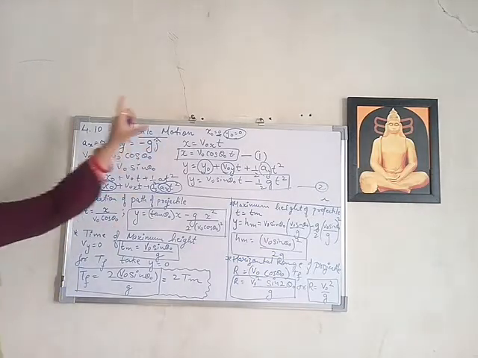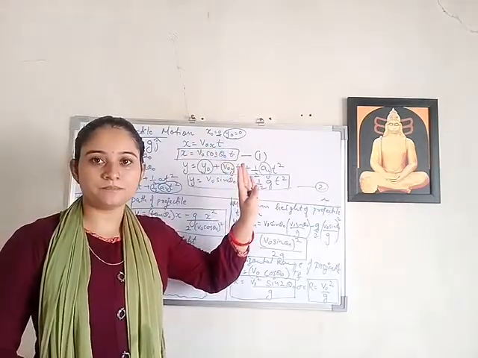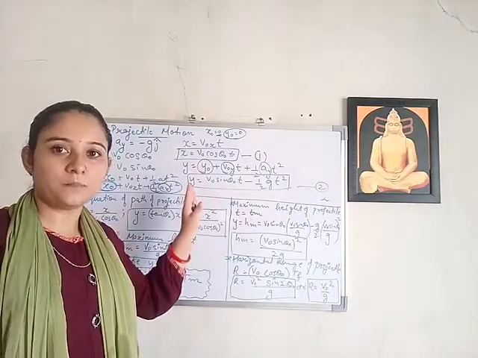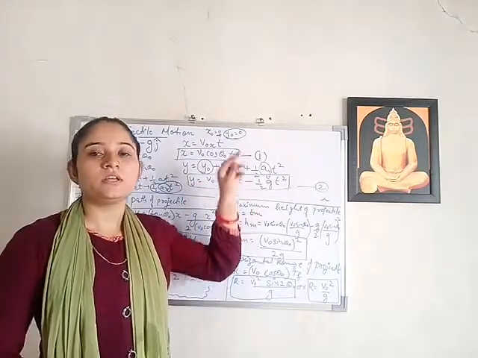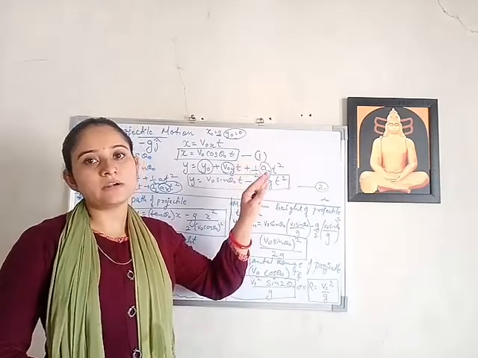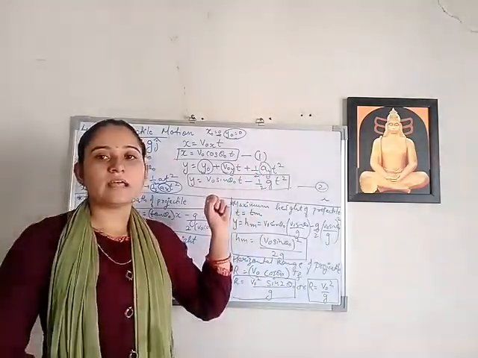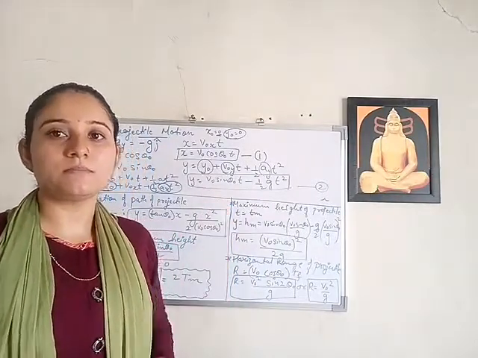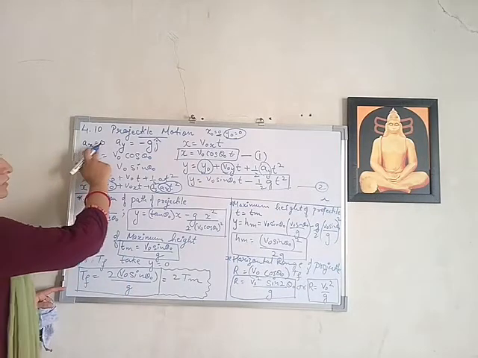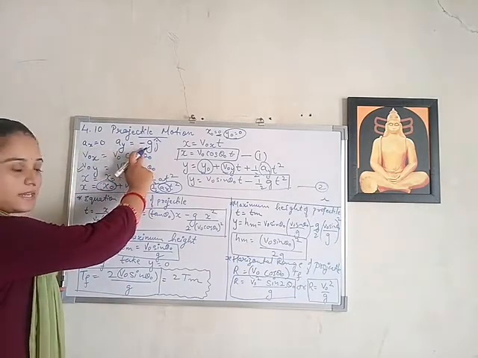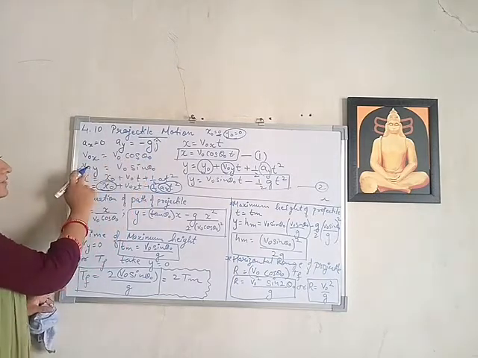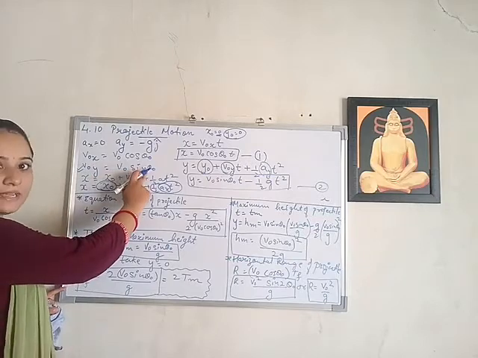So first of all you need to understand the diagram. There is velocity v0, its x and y component, and acceleration is vertically downwards, right? And the projectile is upward at present. So acceleration along the vertical axis is minus g, acceleration along horizontal is 0. v0x equals v0 cos theta 0 and v0y equals v0 sin theta 0.